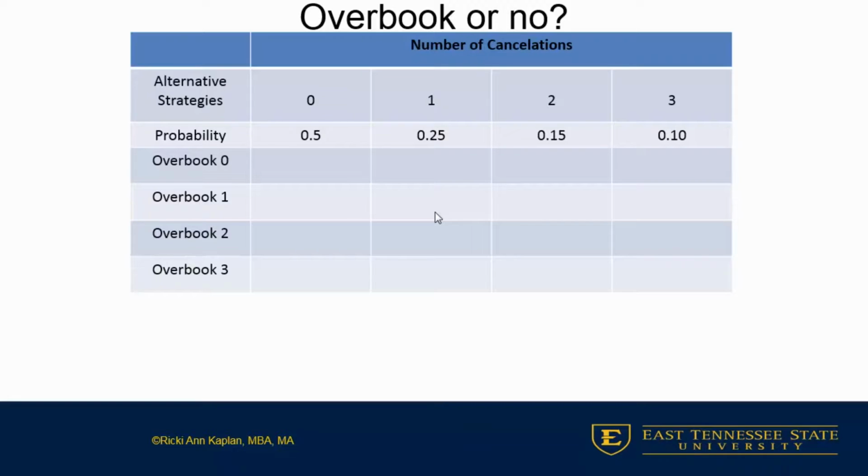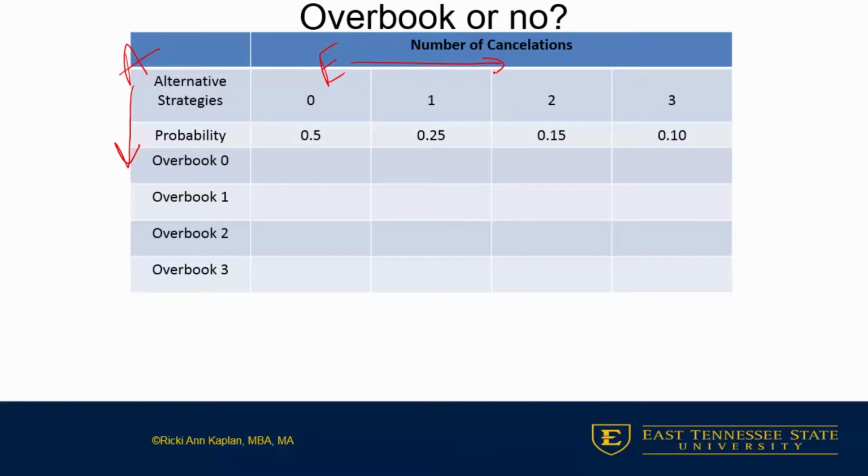So if we take a look at our A's, our strategies, which is going down this way, we take a look at overbooking 0 rooms, 1 room, 2 rooms, or 3 rooms. The states of nature, something that we can't control, are our E's, which are going across, which could be 0, 1, 2, or 3 cancellations.